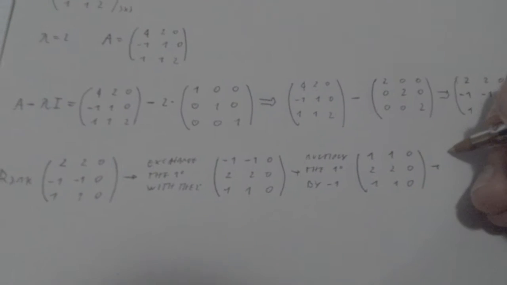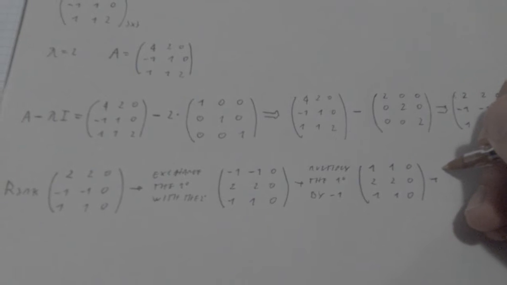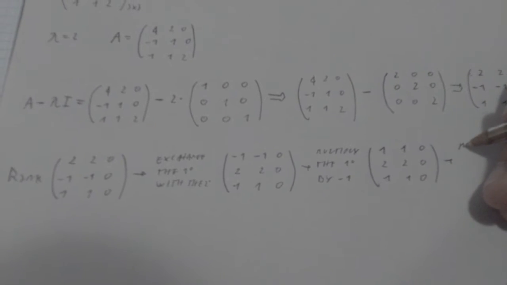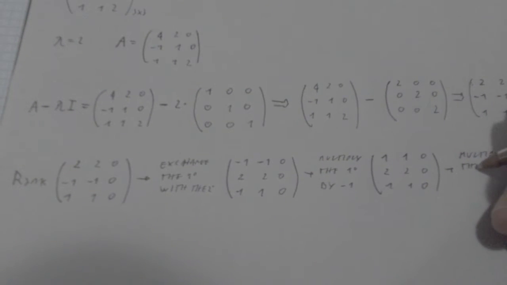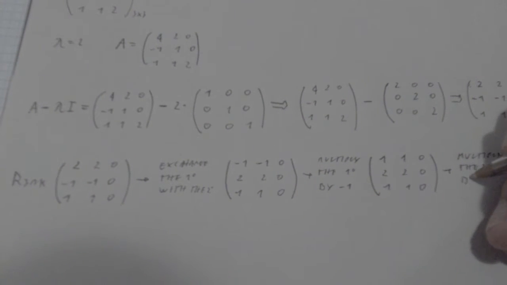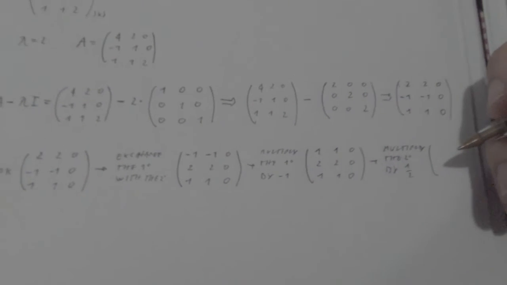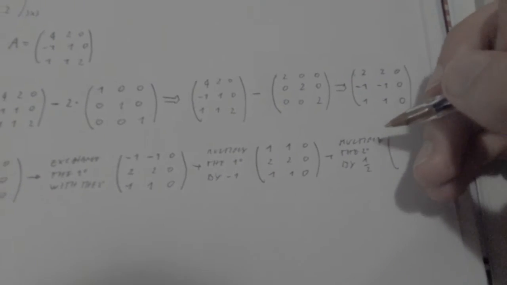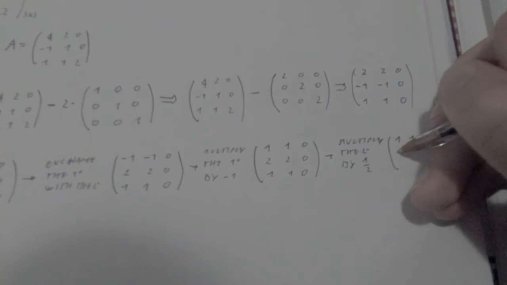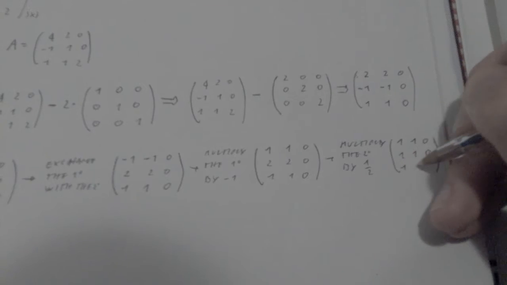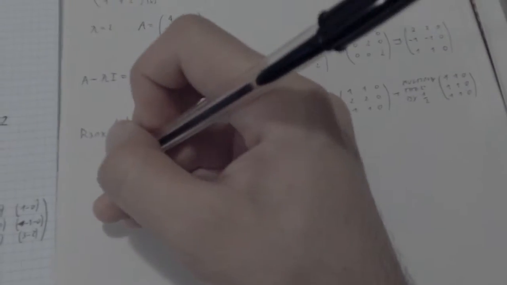So we're kind of lucky. Then I'm going to multiply the second row by 1 over 2. The first row stays the same, so we get 1 1 0, 1 1 0, 1 1 0. Now we can just subtract them.